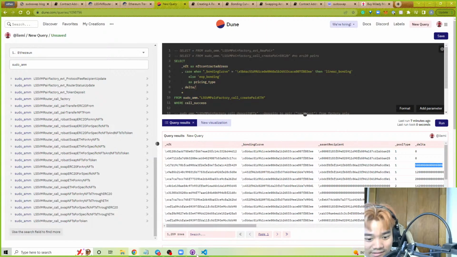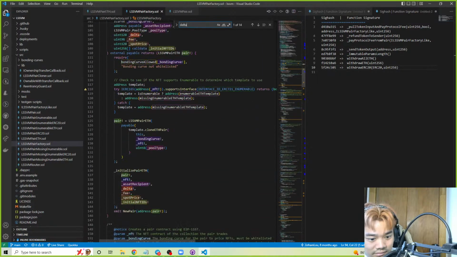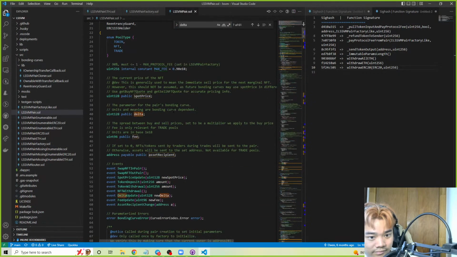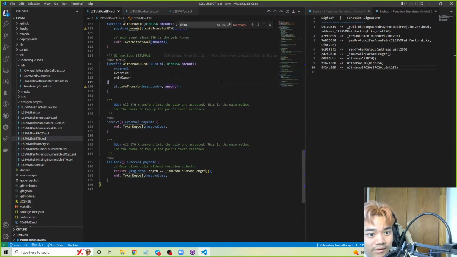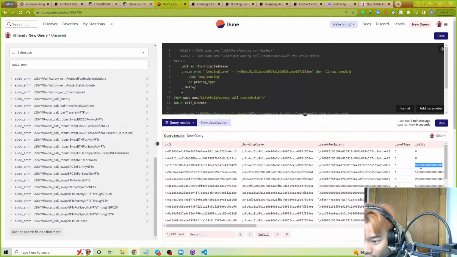How many decimals is delta here? Man, why does no one say... All right, let's just assume that it's 10 for now, or 9. It's delta.